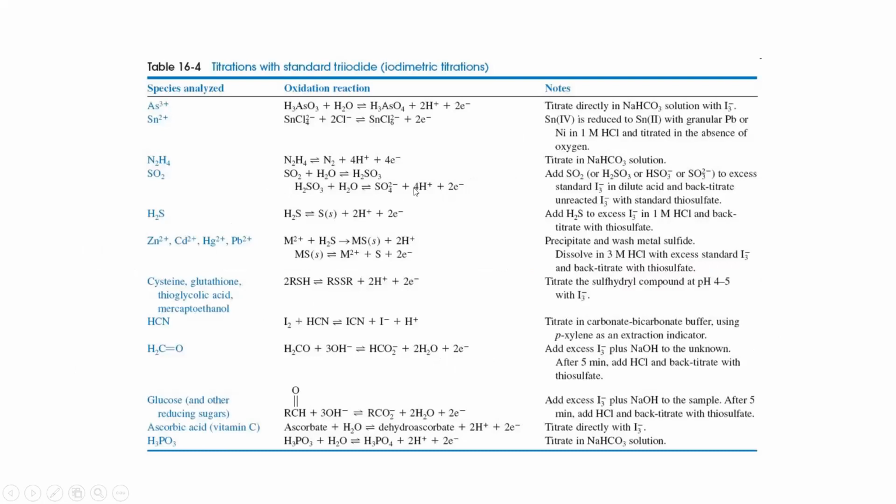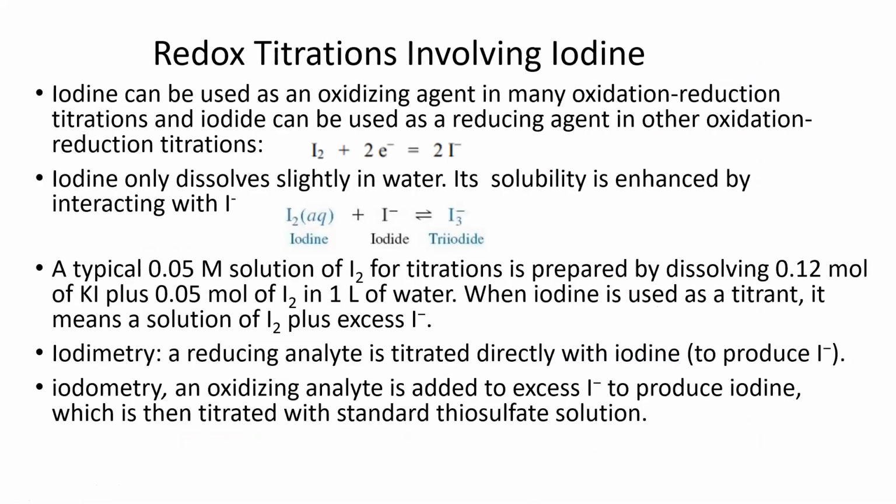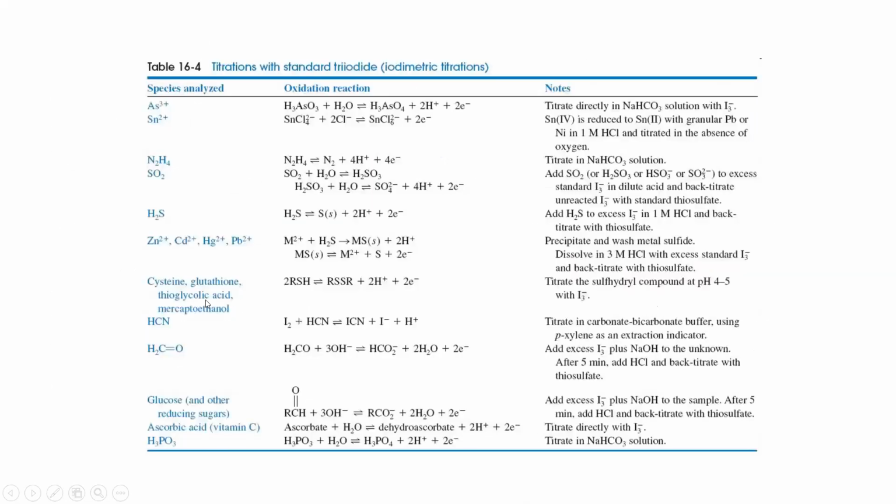So these are different reactions of iodimetric titration, whereby, remember we said that iodimetry is when your iodine is titrated with a reducing analyte. The reducing analytes here are different types of species that we can titrate, and we use triiodide, which is your iodimetric titration.